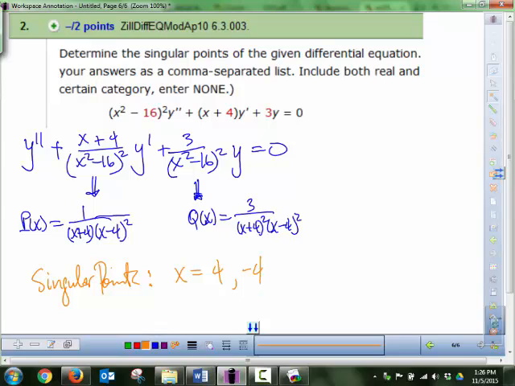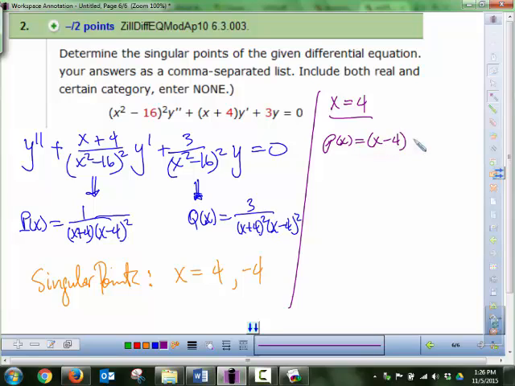All right, so we're going to take this in two cases. Let's do x equals 4, positive, first. I want little p of x, which is going to be x minus 4 times big P of x. Big P of x is equal to this.